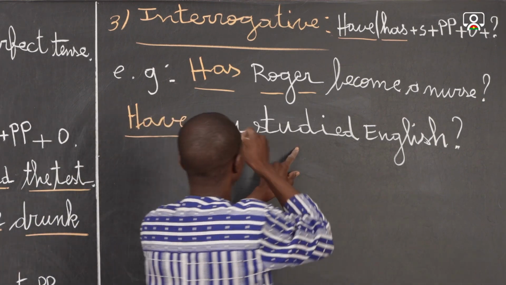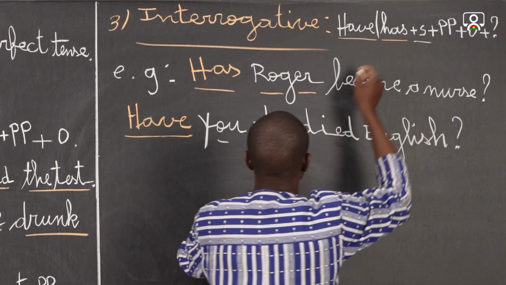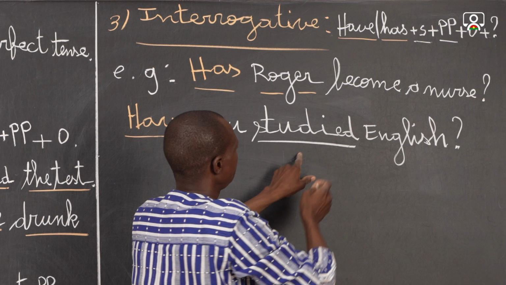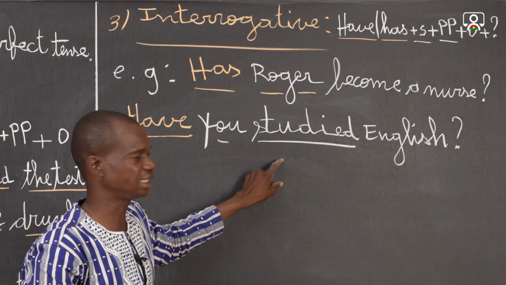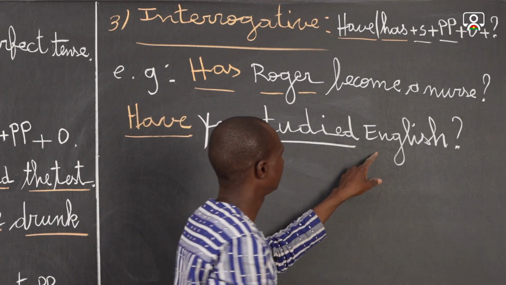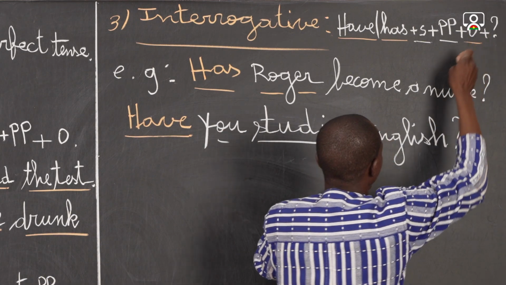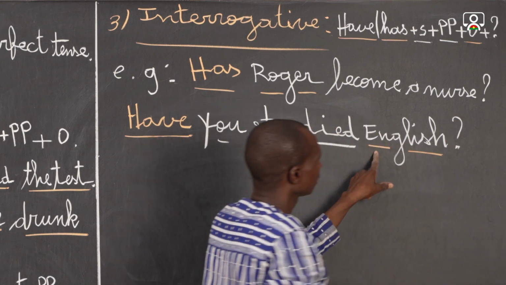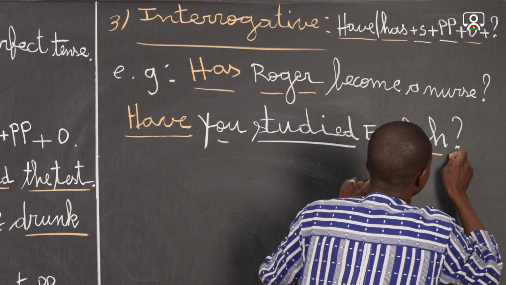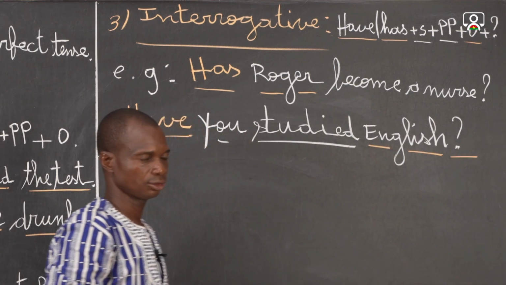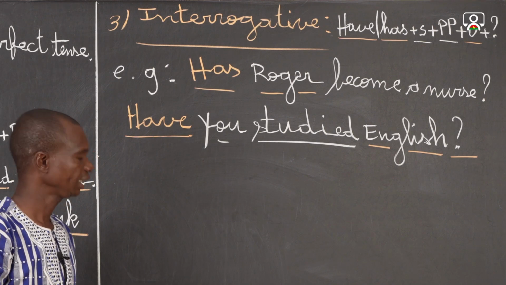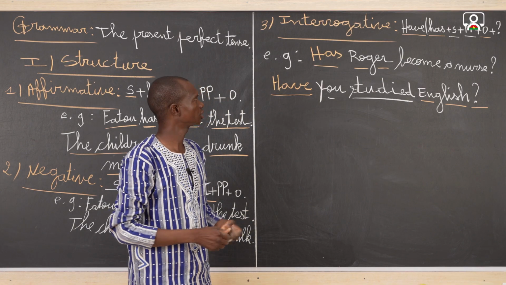Here you is the subject, and studied is the past participle of to study, which is a regular verb, as I told you, plus the object, English, and plus the question mark, the mark of interrogation. Okay, it's what we can say as far as the interrogative form is concerned.